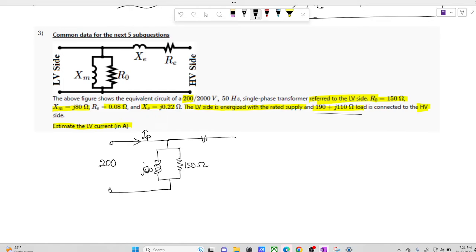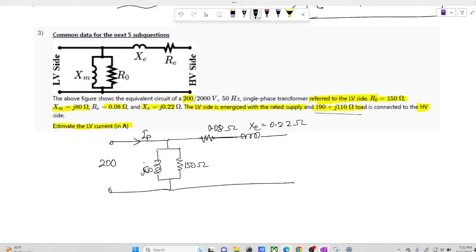Now the effective resistance is 0.08 and the leakage inductance is X_e equal to 0.22 ohms.